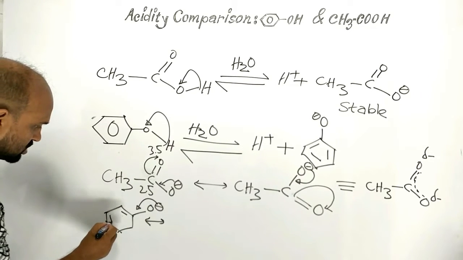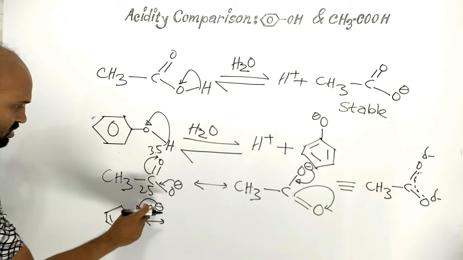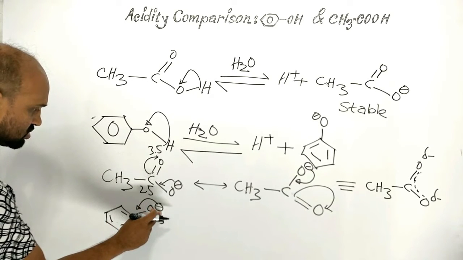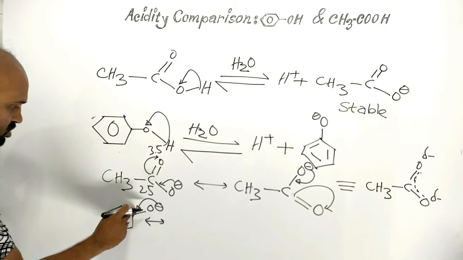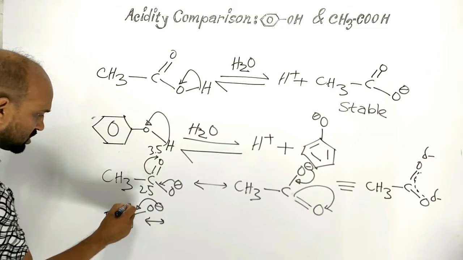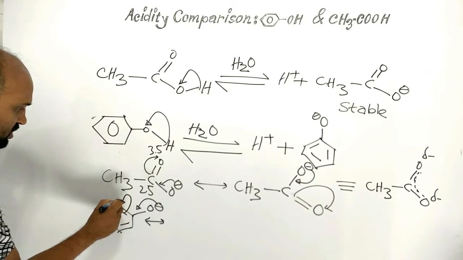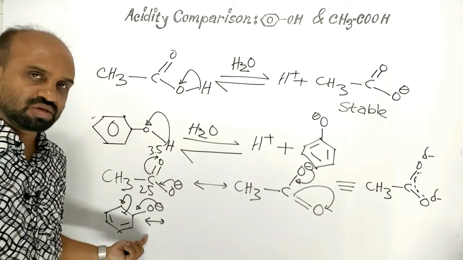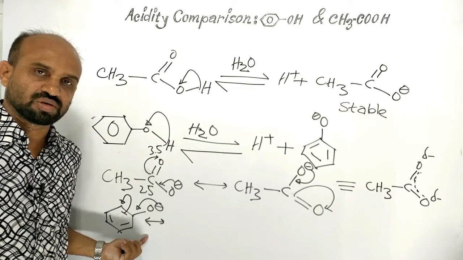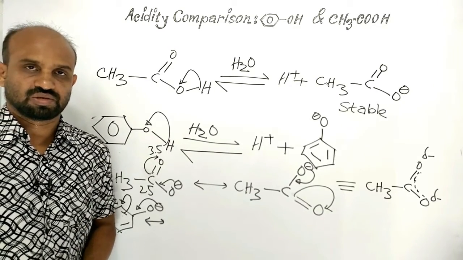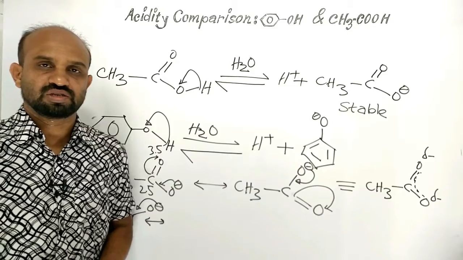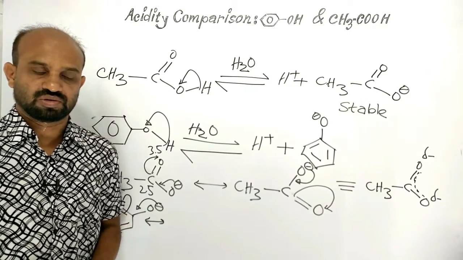Double bond, here double bond. Lone pair electrons turn into bond pair, electrons turn into lone pair. In this way, the phenoxide ion shows resonance structures, which have been discussed in detail in a previous lesson.